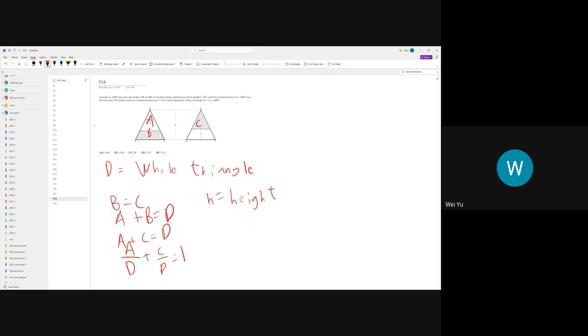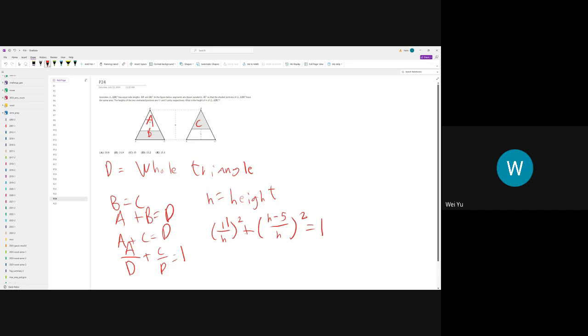So the area ratio is just this over this squared. So we get 11 over h squared. And then we add, so this is h minus 5 over h squared. So 11 over h squared plus h minus 5 over h squared is equal to 1.